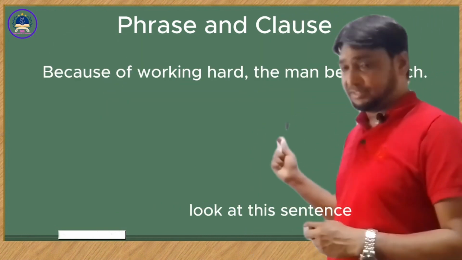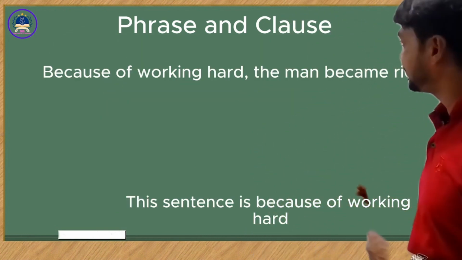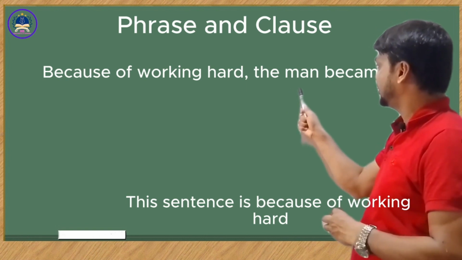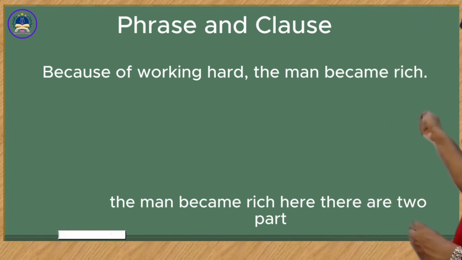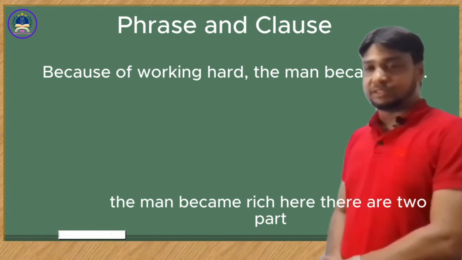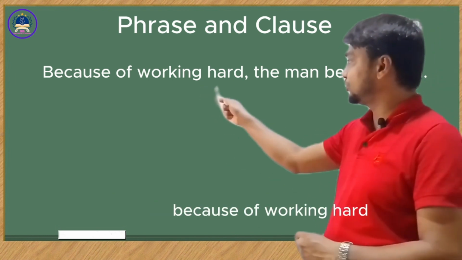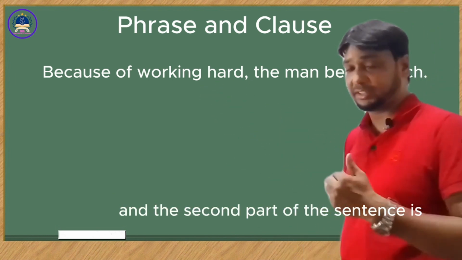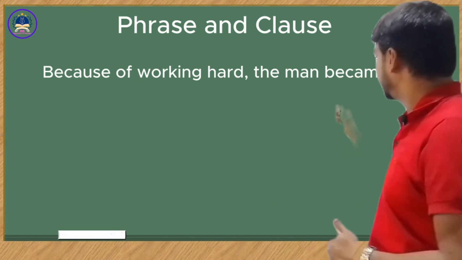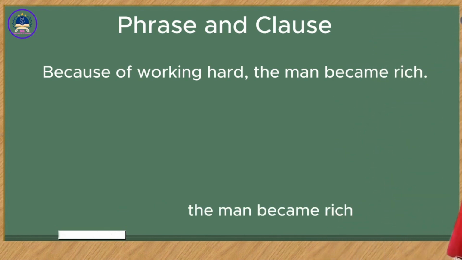Look at this sentence. This sentence is, because of working hard, the man became rich. Here, there are two parts. The first part of the sentence is, because of working hard. And the second part of the sentence is, the man became rich.